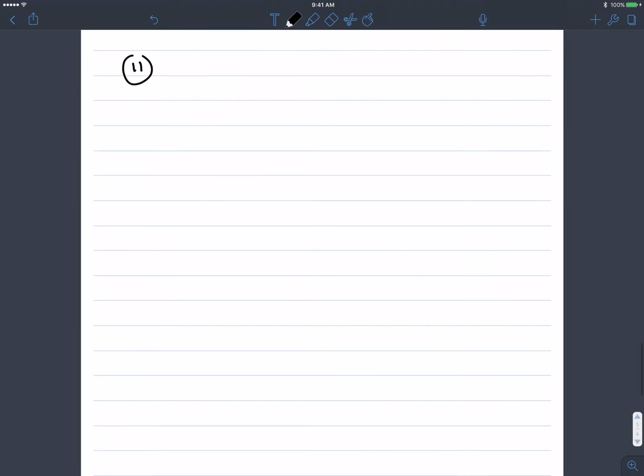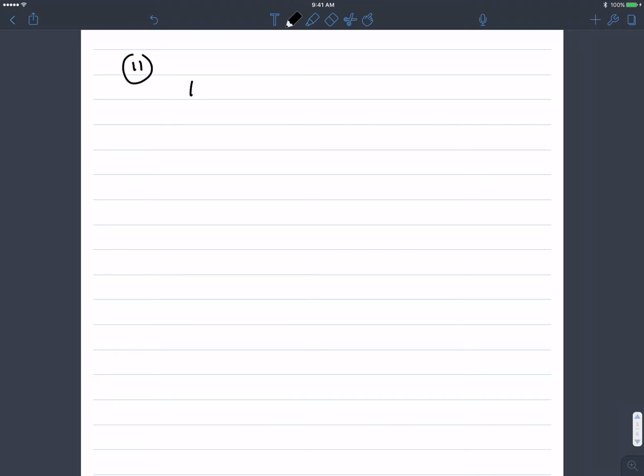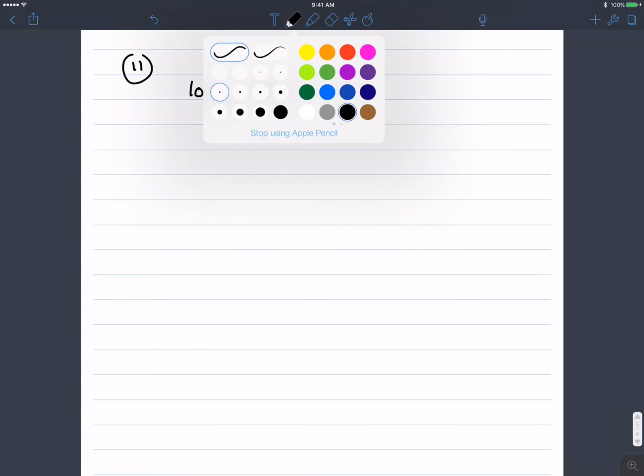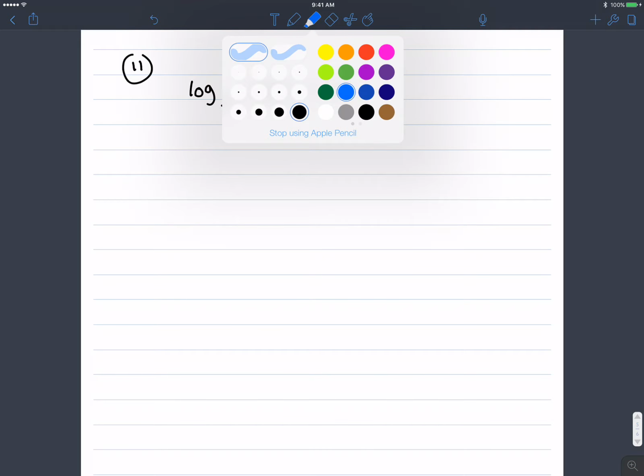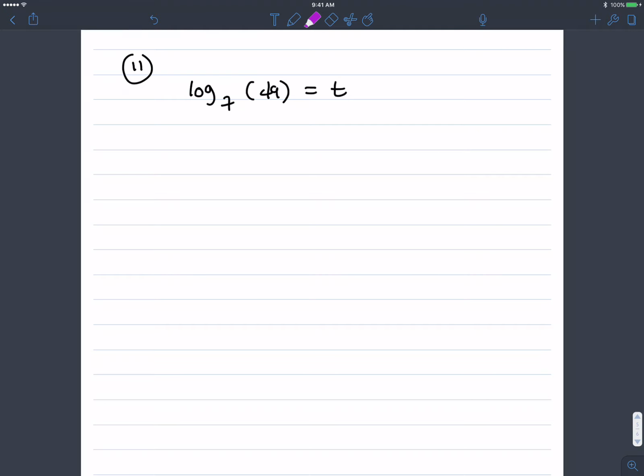And we're going to see here number 11, log base 7 of 49, we'll say, is t. By definition of log, this means that 7 to the t power has to be 49.